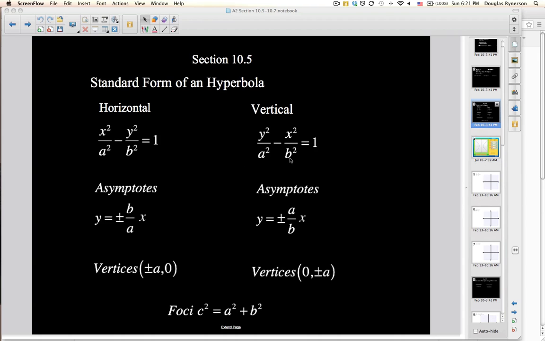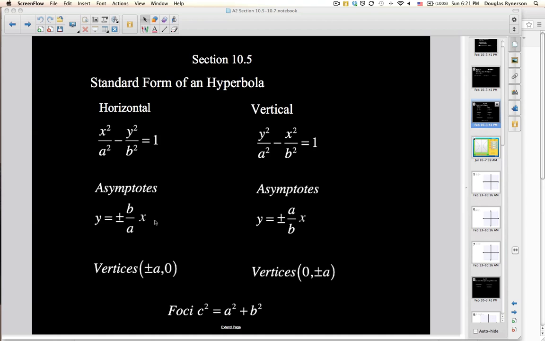So even though a and b are different, you'll notice a is always under the first fraction in the equation. The numerator of the equation for the asymptote is always the square root of the denominator under y, and the denominator of the fraction in the equation for the asymptote is always the square root of the denominator under x.